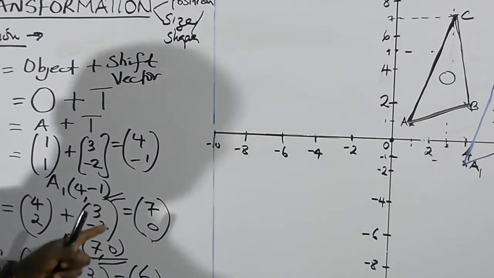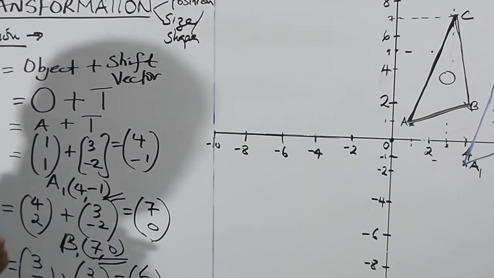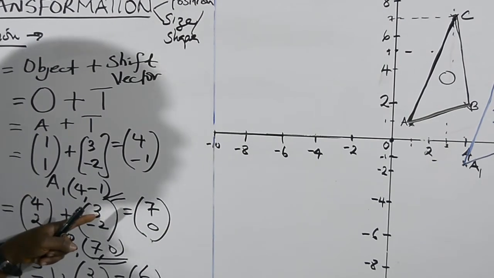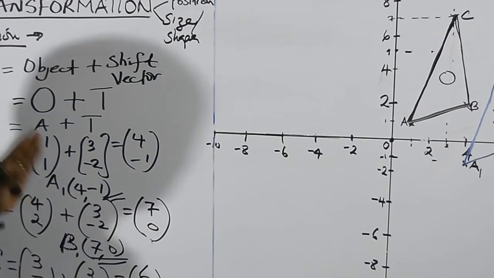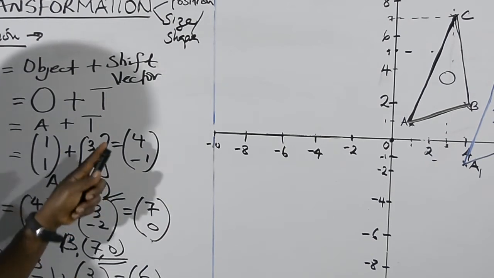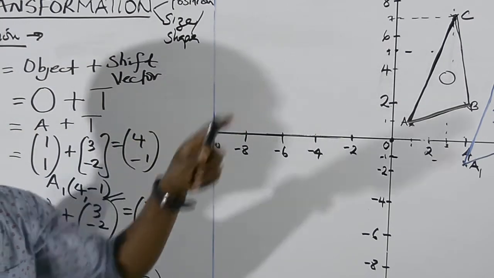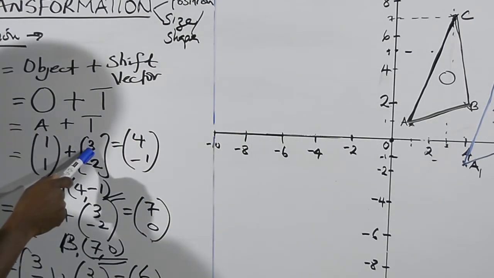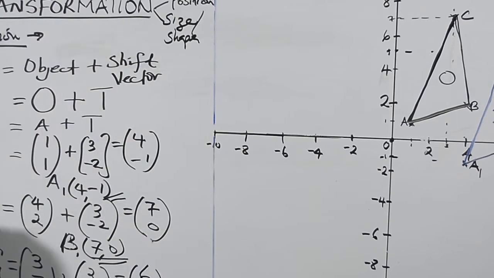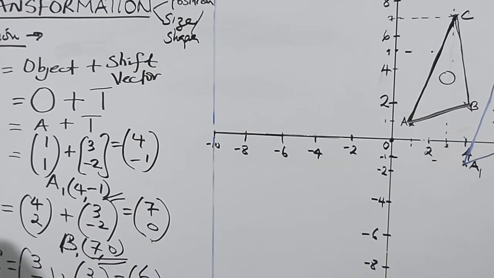You can as well avoid this calculation and just move the object directly. There is no mark for this kind of computation, so you can move it by graphical means. The translation vector is (3, -2). That is 3 on the positive x-axis and -2 on the negative y-axis.